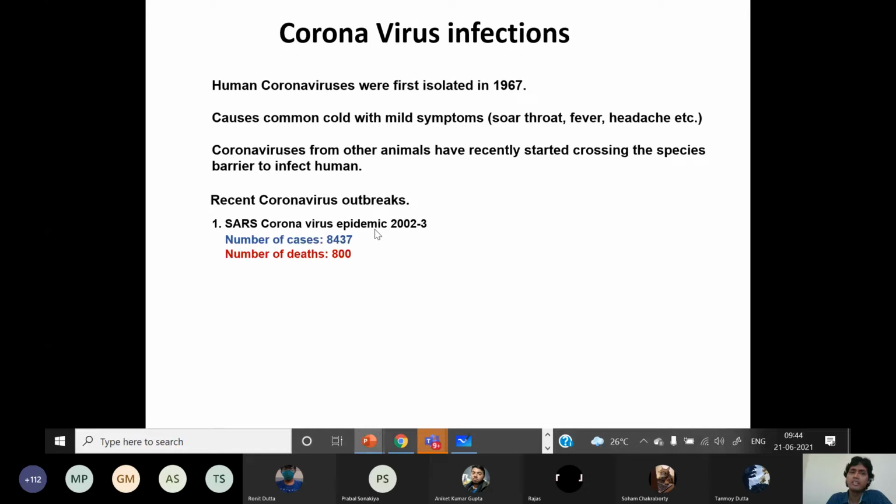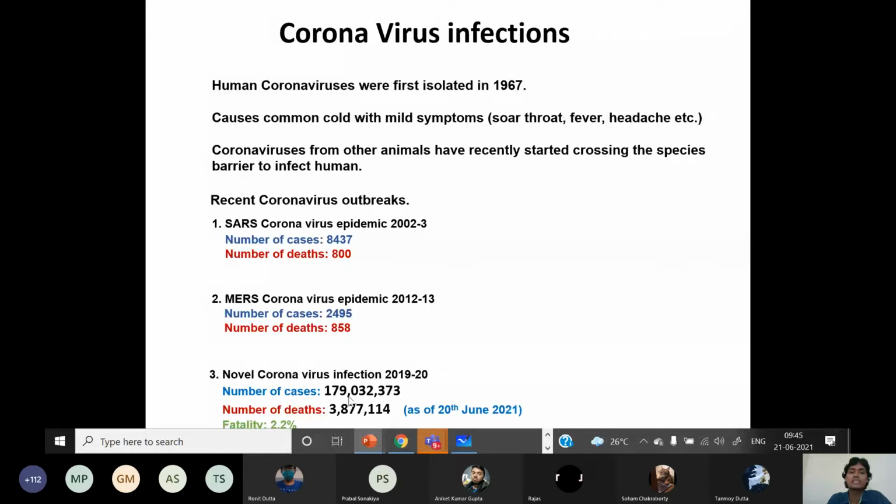SARS coronavirus, I believe all of you know the full form: Severe Acute Respiratory Syndrome. The SARS coronavirus epidemic in 2002 and 2003 had only a few cases and deaths reported, whatever I found on websites. Then MERS, Middle East Respiratory Syndrome coronavirus epidemic in 2012 and 2013, also with few cases and few deaths. And now the novel coronavirus, the new one, has a lot of cases and a lot of deaths.